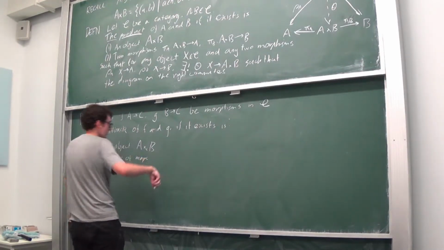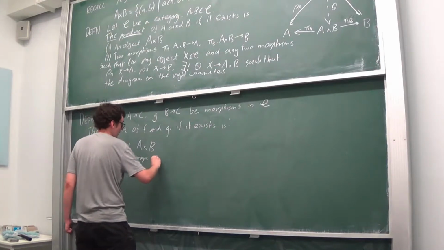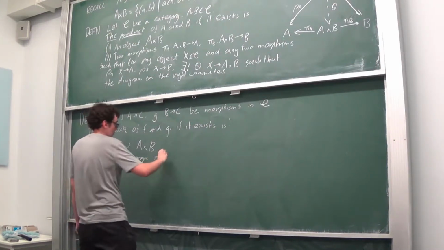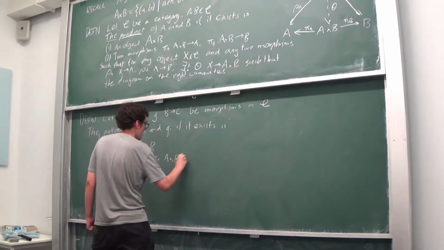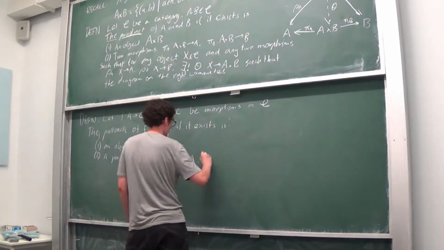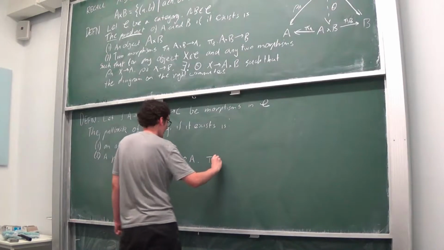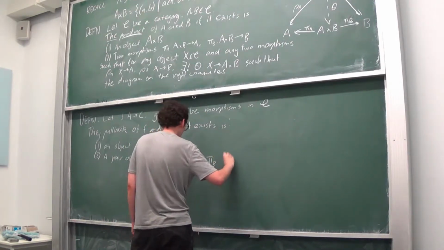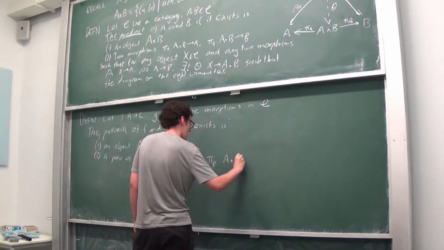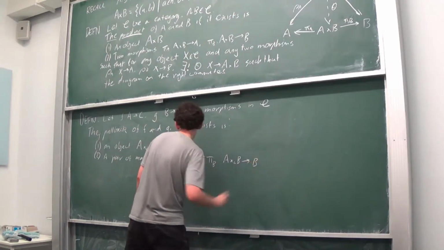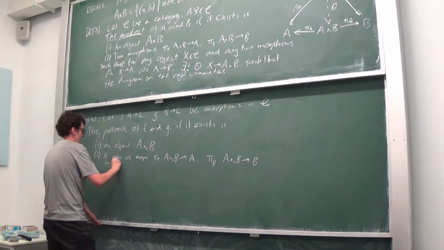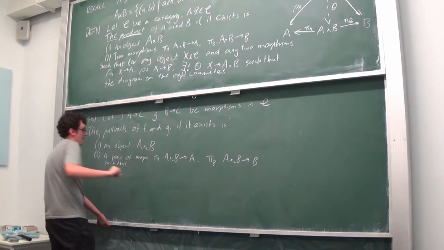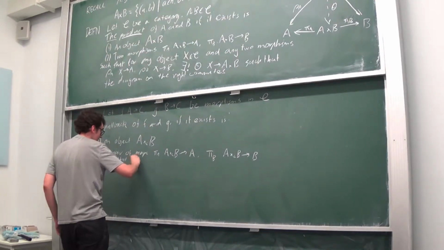So, together with a pair of morphisms, which I'll call pi A and pi B, where pi A goes from the pullback to A, and pi B goes from the pullback to B, such that the following diagram commutes.